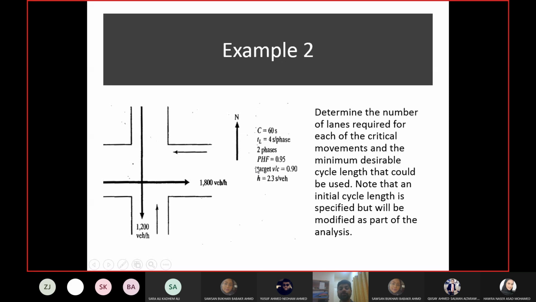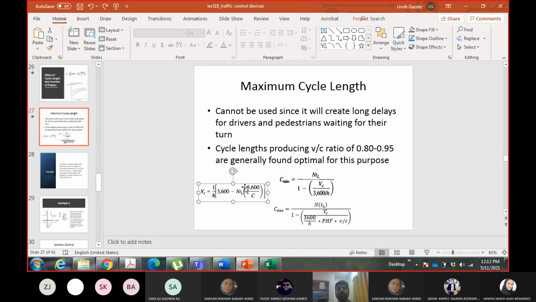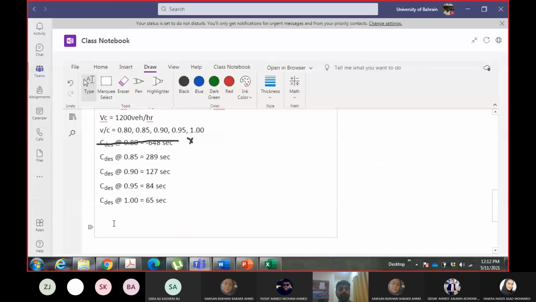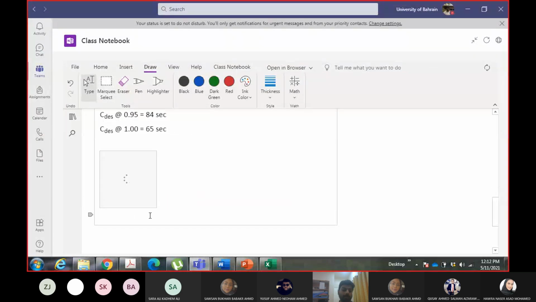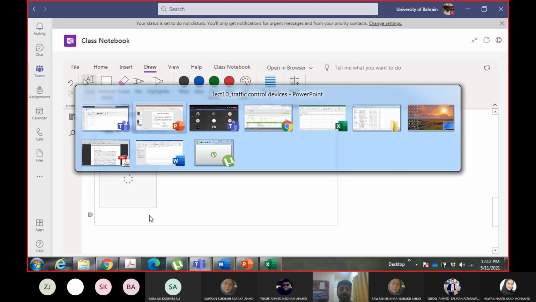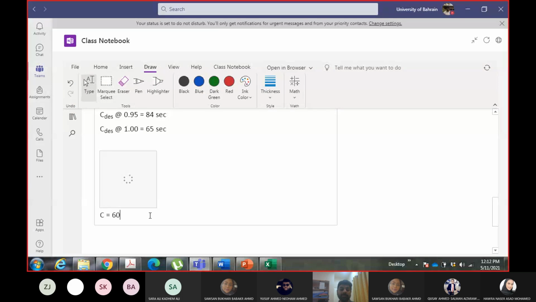So first of all, I will calculate how much maximum volume I can have using the given cycle length. For the maximum volume, the equation is this one. Let me write down the other parameters for you as well. Cycle length 60 seconds.